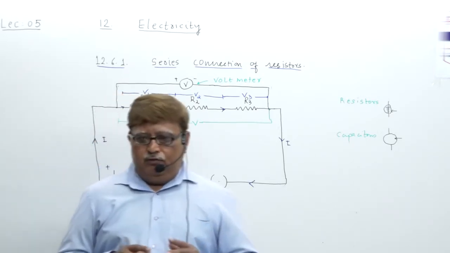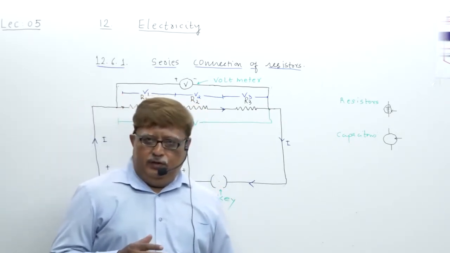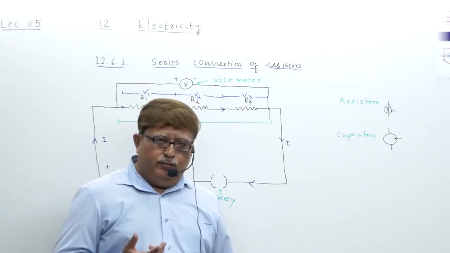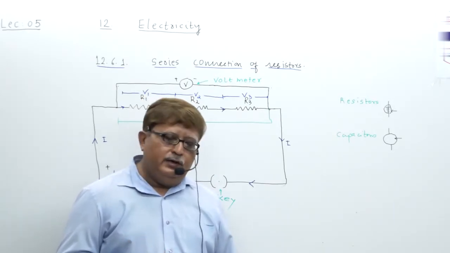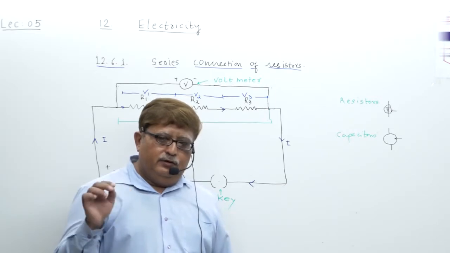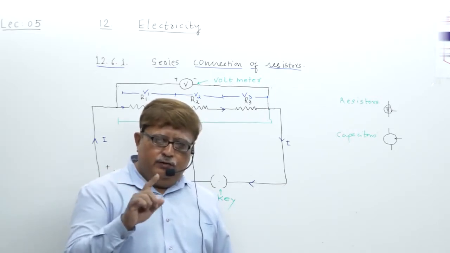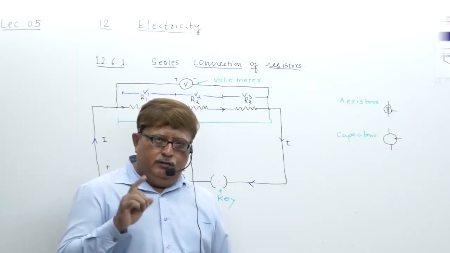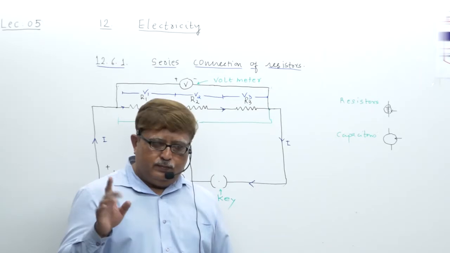Why am I speaking it again and again? Because in exam you may be asked to write two properties of series connection. So what will you write? When resistors are connected in series connection, first, the current flowing through all resistors is the same.